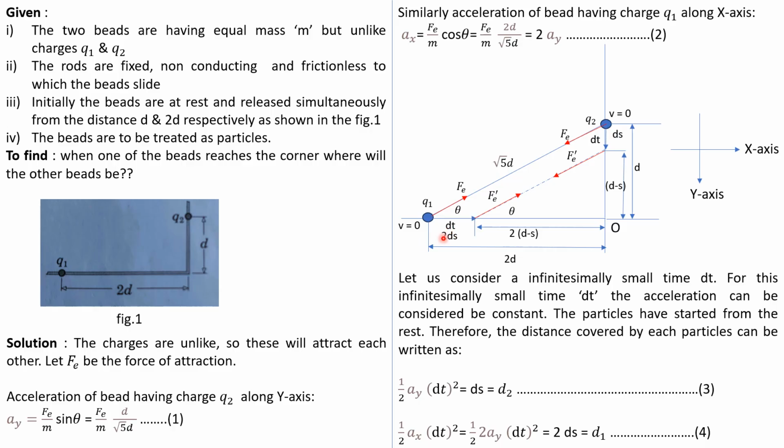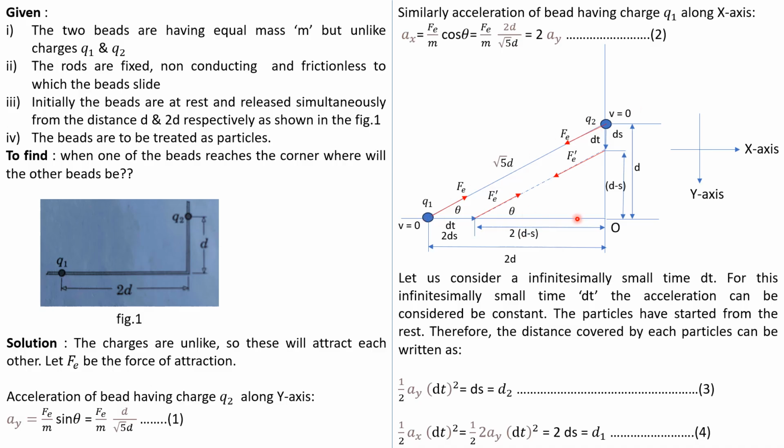So since this distance is 2 ds and this distance is ds, the remaining distance will be 2 into (d minus s) here, and in this will be d minus s. So if we divide perpendicular by the base, we will get a ratio of 1 by 2.